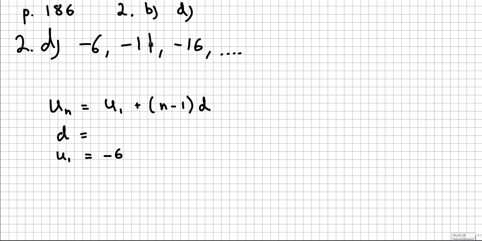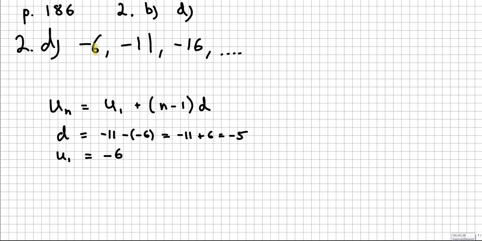From minus 11 to minus 16 is minus 5. So for example, this term, minus 11, minus the one before, minus 6, is equal to minus 11 minus 6, which is minus 17... wait, minus 11 plus 6 is equal to minus 5.